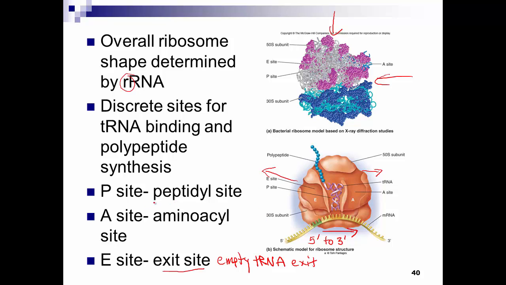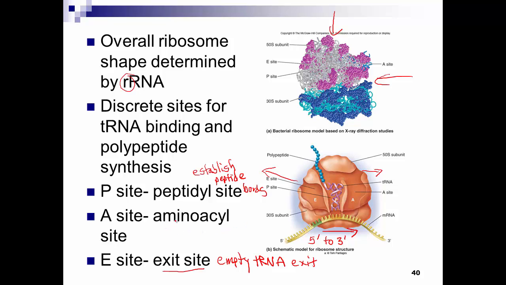Now let's talk a little bit about the P and the A sites. The P site is the peptidyl site. This is where we establish peptide bonds between the newly entered amino acid and the existing protein chain. So the polypeptide that's being built at this moment is present in the P site.